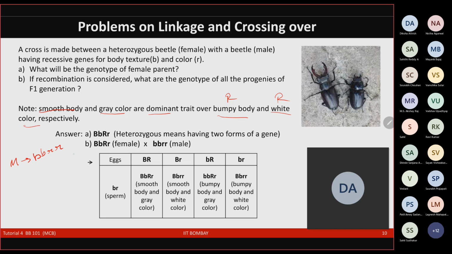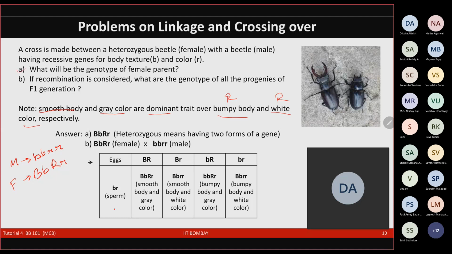Now for the female, because the female is heterozygous, the genotype is going to be capital B, small b, capital R, small r. Any form where you write one dominant gene and one recessive gene is called the heterozygous form.